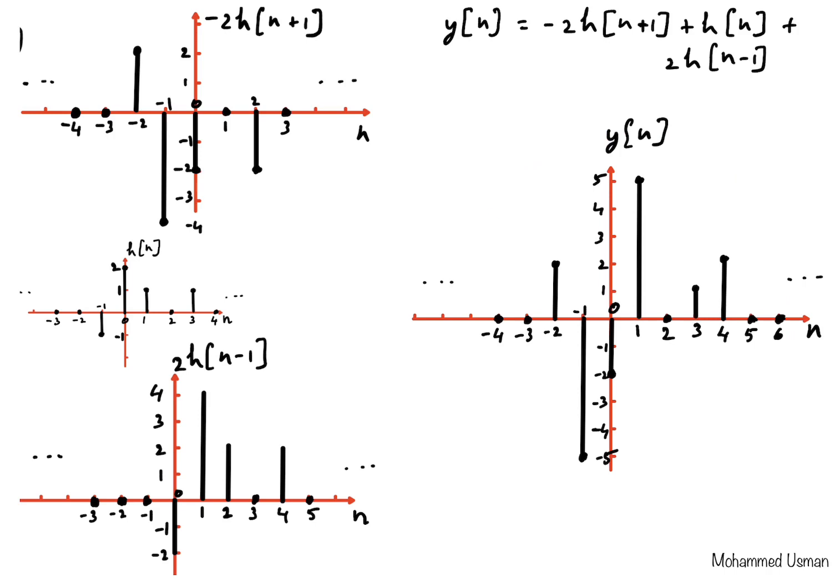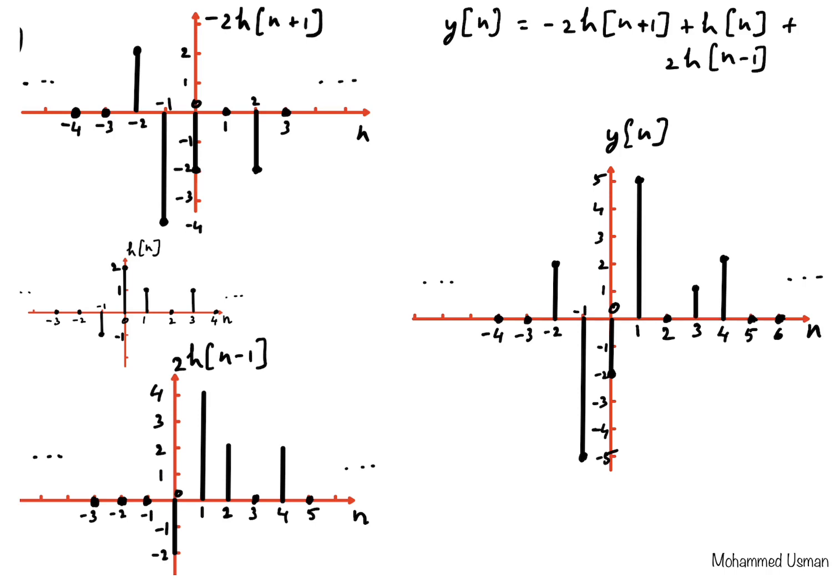So the output that we have got here is the output of the system when the input is x of n. And how did we do this? We computed this output by performing the convolution between the input x of n and the impulse response h of n.